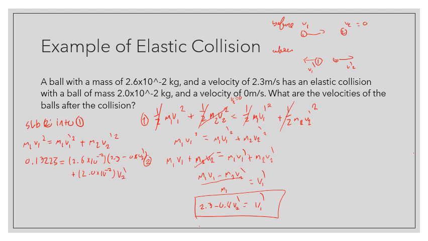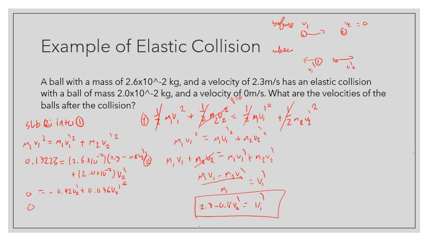So 0 is equal to negative 0.92 v2 prime plus 0.036 v2 prime squared.